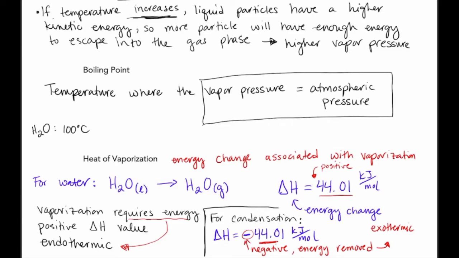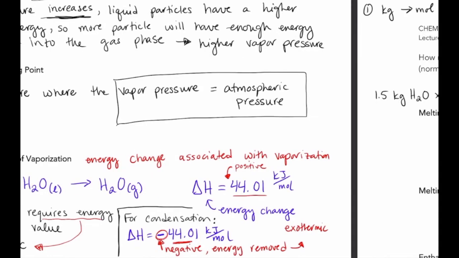And since we say that energy is required, it's a positive energy value. Doing the opposite process, we have the same amount of energy, but that amount of energy is removed from the gas, and we indicate that by a negative sign on the energy change, the heat, for the condensation value. Okay.